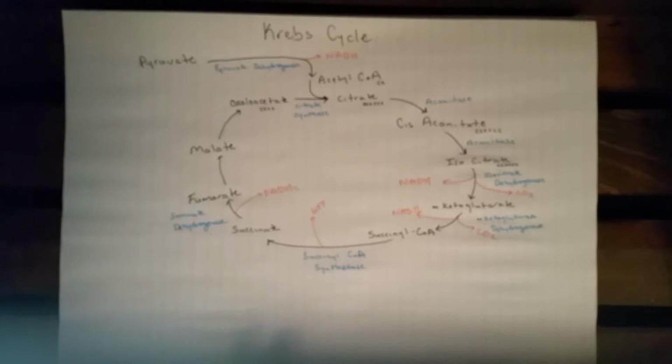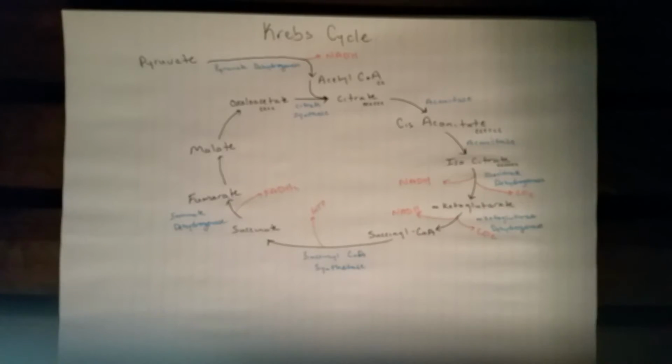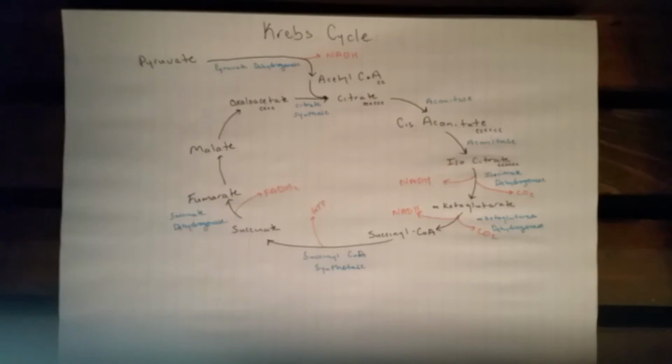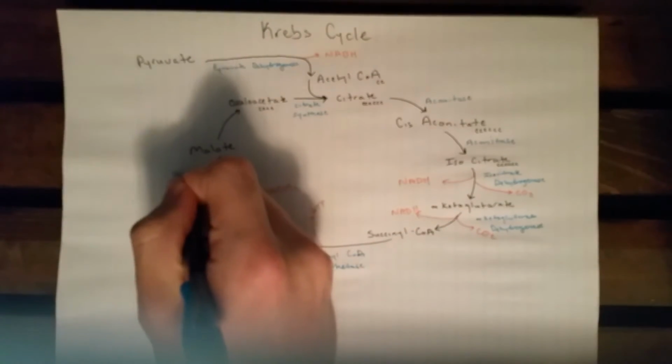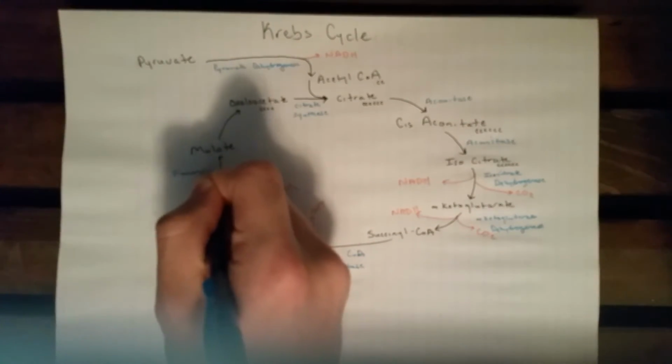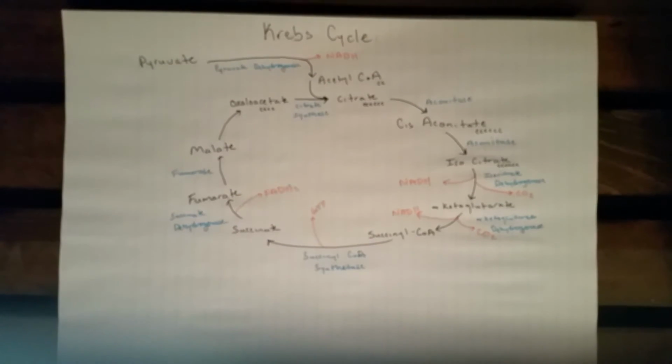So then from fumarate to malate, there we go. It's a little out of focus, but it's legible. Fumarate to malate, fumarase is the enzyme here. There we go, and nothing changes there. Nothing gained, nothing really lost.